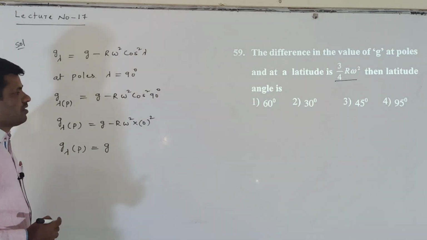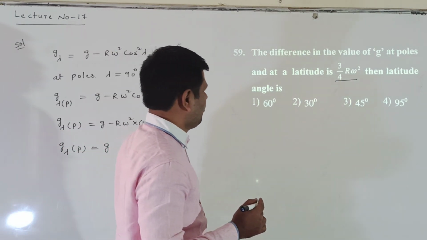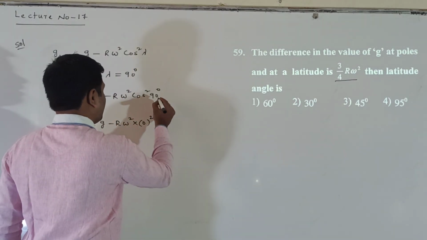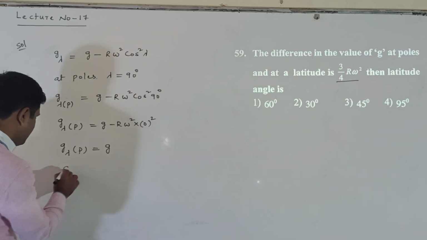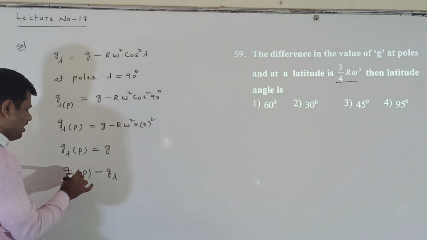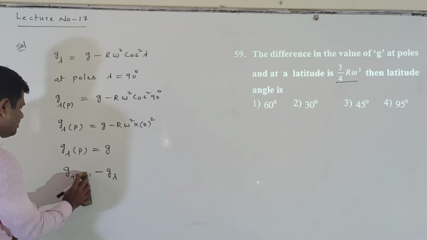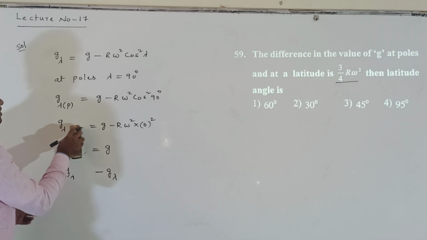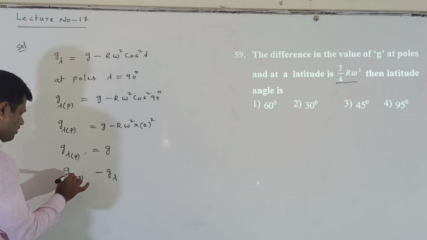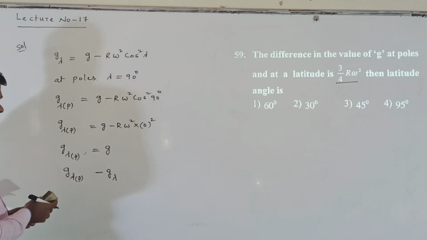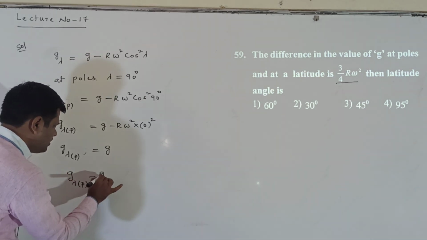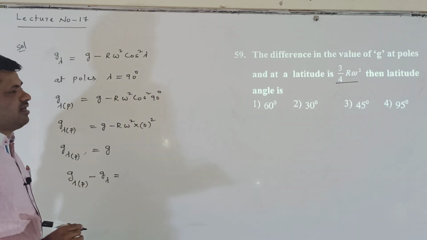This is at poles. What is given? The difference in the value of g at poles and at latitude is 3/4 R omega square. According to the problem, g lambda at P minus g lambda. g lambda at P means at the poles, g lambda means at the latitude.